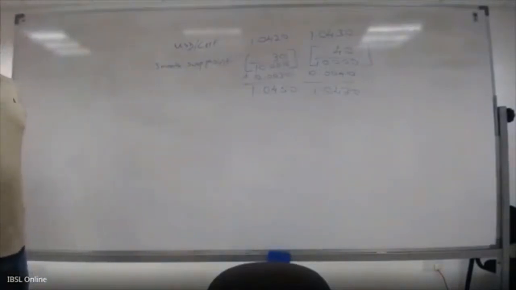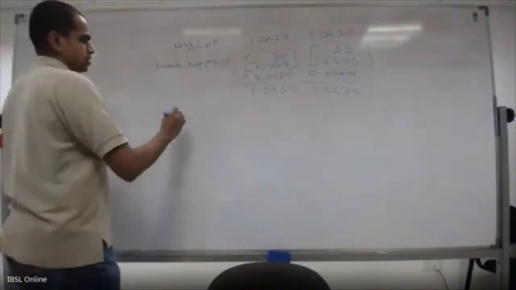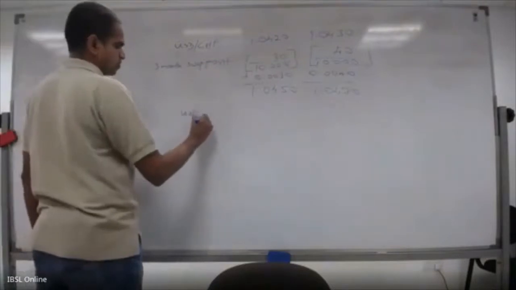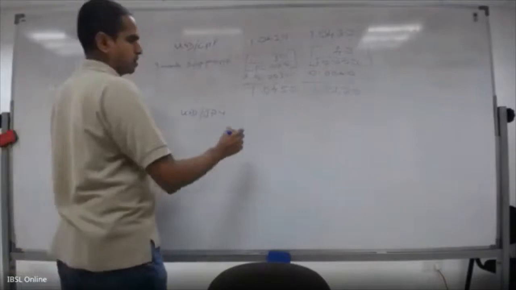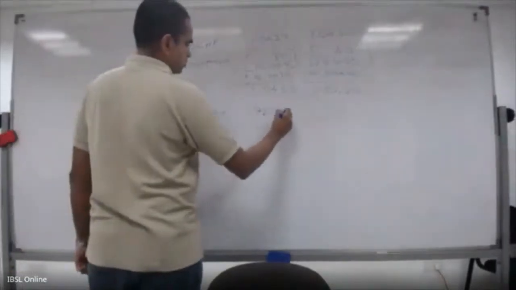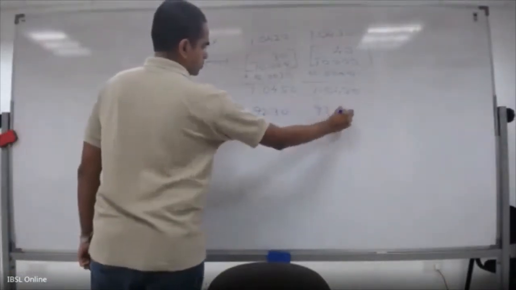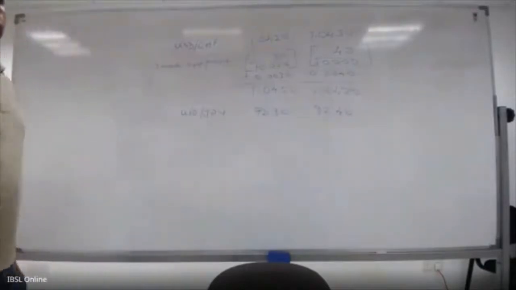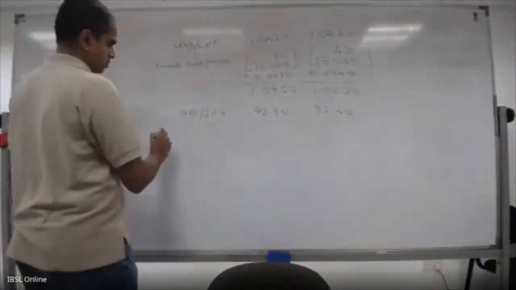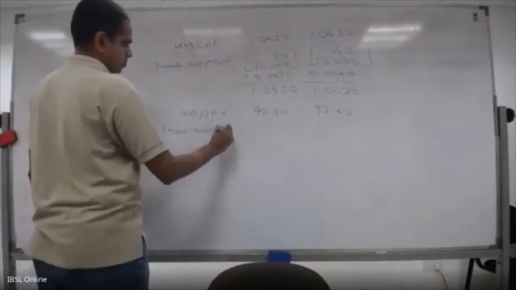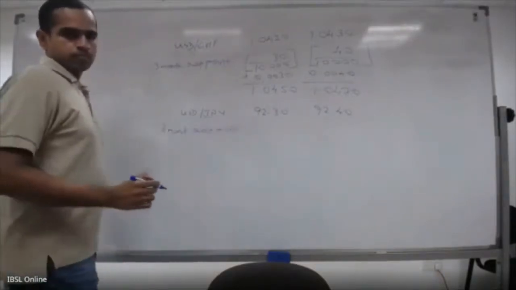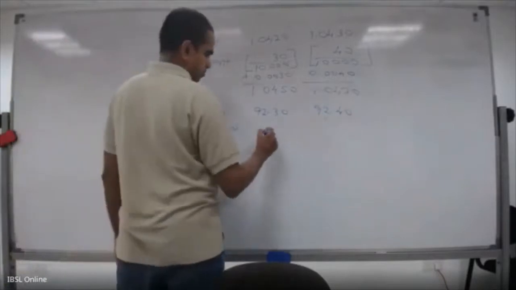Next one. So again, 92.30, 92.40. Three-month swap, 150, 130.